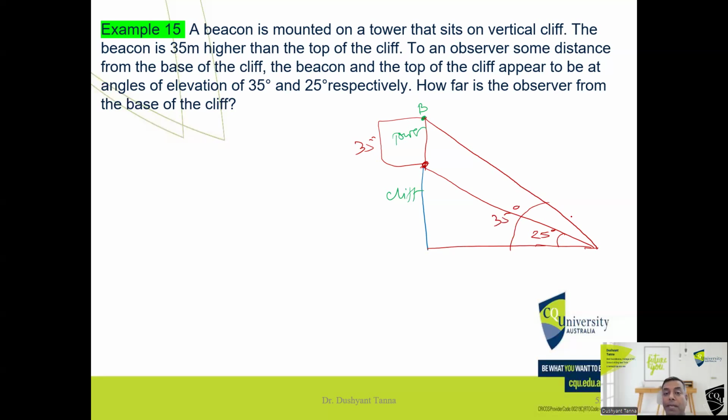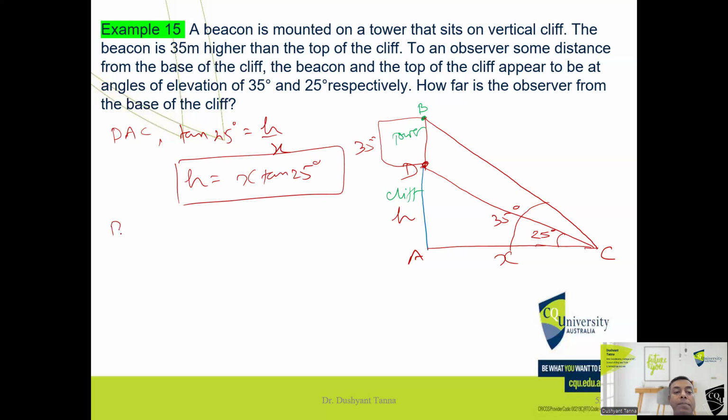Doesn't help you. Let's call the beacon A. Let's call it C and D. Right? I call the cliff height H and this distance X. Yeah. So for right angle triangle DAC, what do we got? tan 25 is H over X, right? And therefore H is X tan 25. Whatever that is, don't worry about it now.